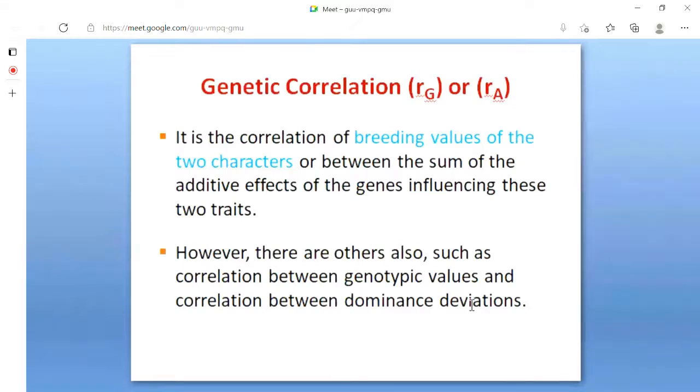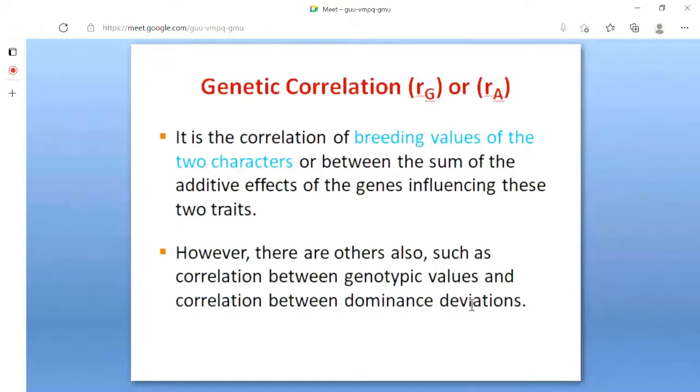Remember, it is also the correlation between the sum of the additive effects of the genes influencing these two traits. You note that this additive effect is nothing but the breeding value.